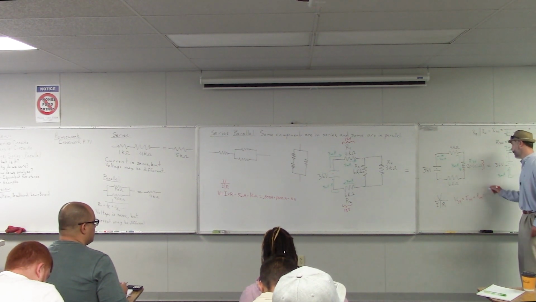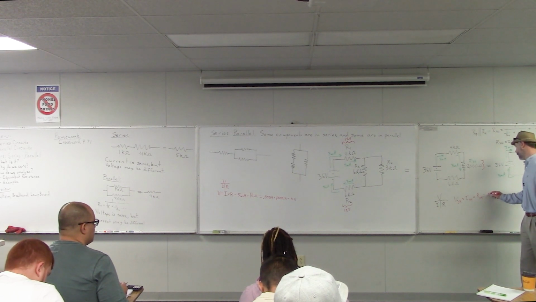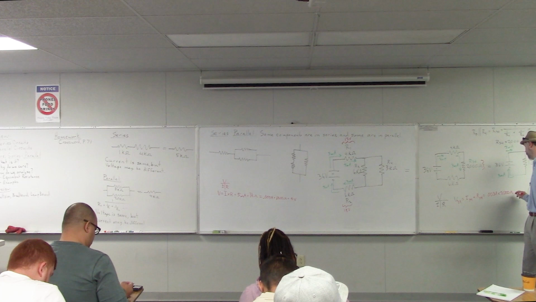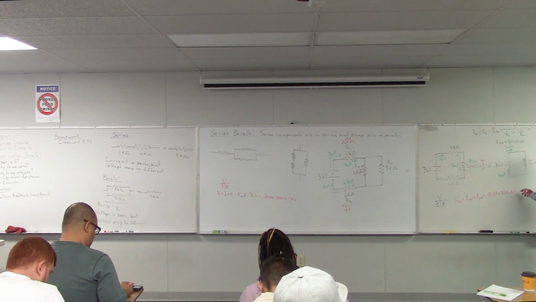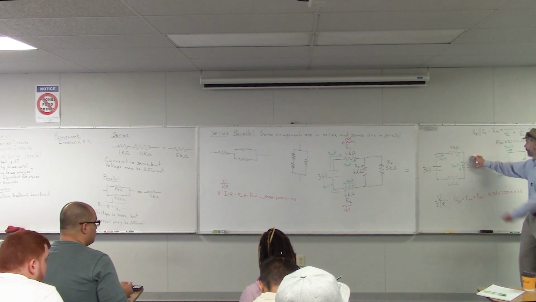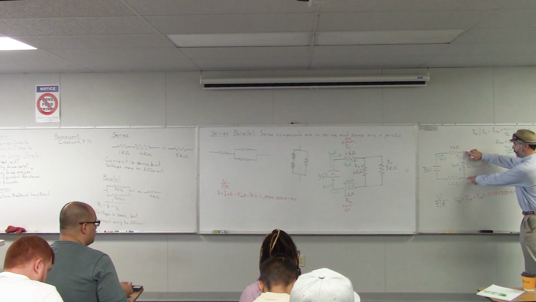So in that case, that would be 0.003 amps times 2,000 ohms. So that gives us 6 volts. So we can say that there's 6 volts across those points in the circuit.